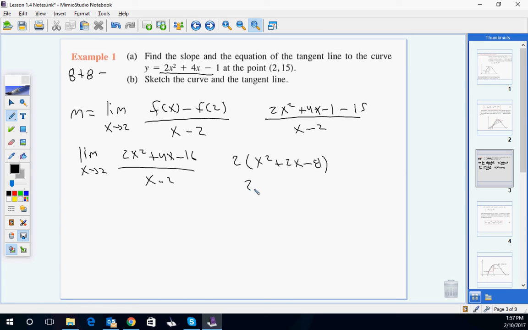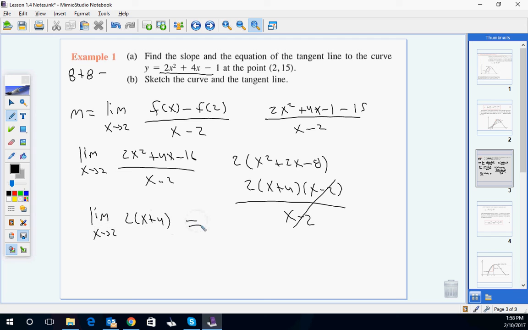So it's going to be 2 times (x plus 4)(x minus 2), all over x minus 2. Now we're happy, because the x minus 2 cancels. And now we can evaluate that limit. Our answer is 12. 12 is the tangent slope through that point.